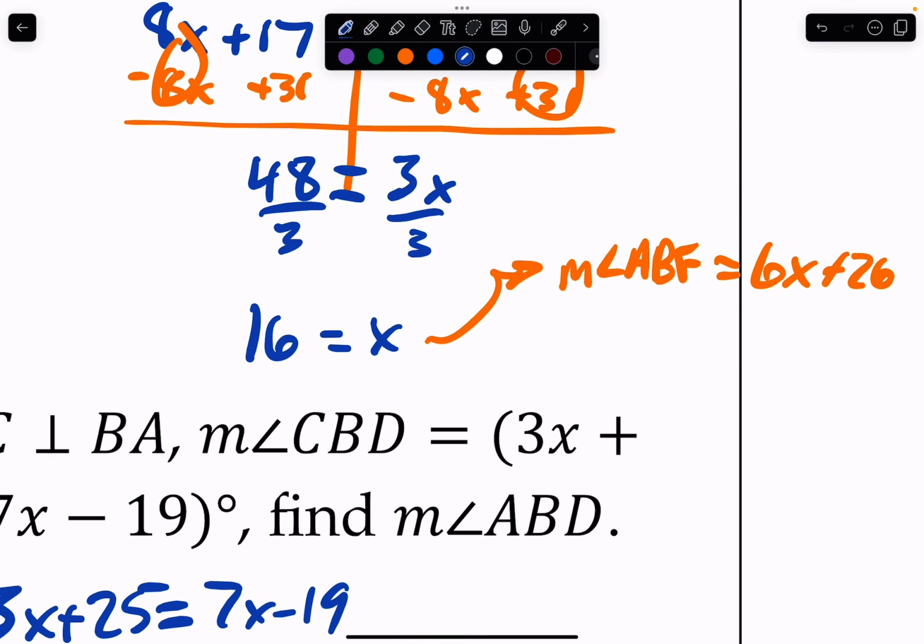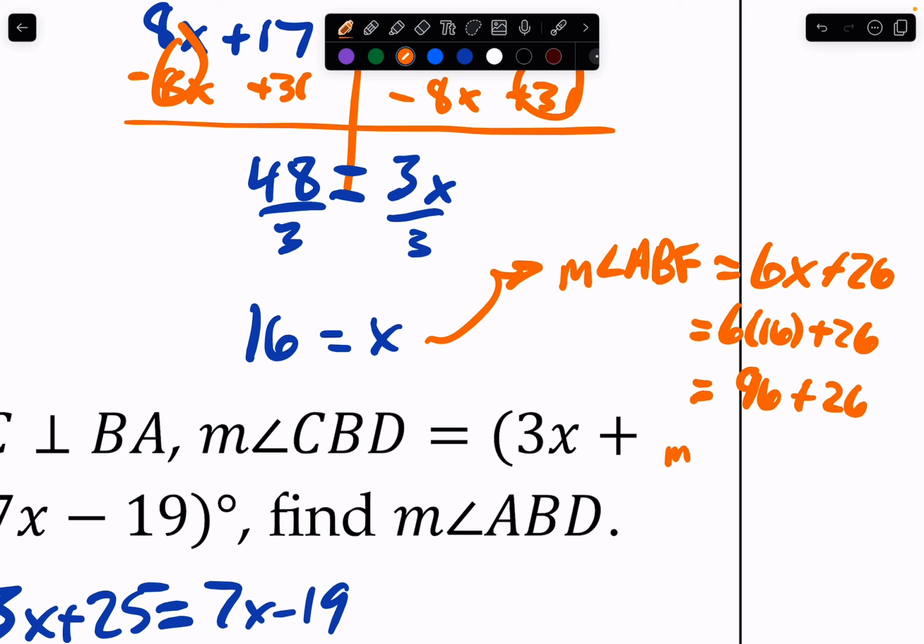We know that x is 16, so we can rewrite this as 6 times 16 plus 26. 6 times 16 is a number that I'm going to find a calculator to figure out. 96. And finally, the measure of angle ABF is 96 plus 26, which is 122 degrees. That's your final answer right there.